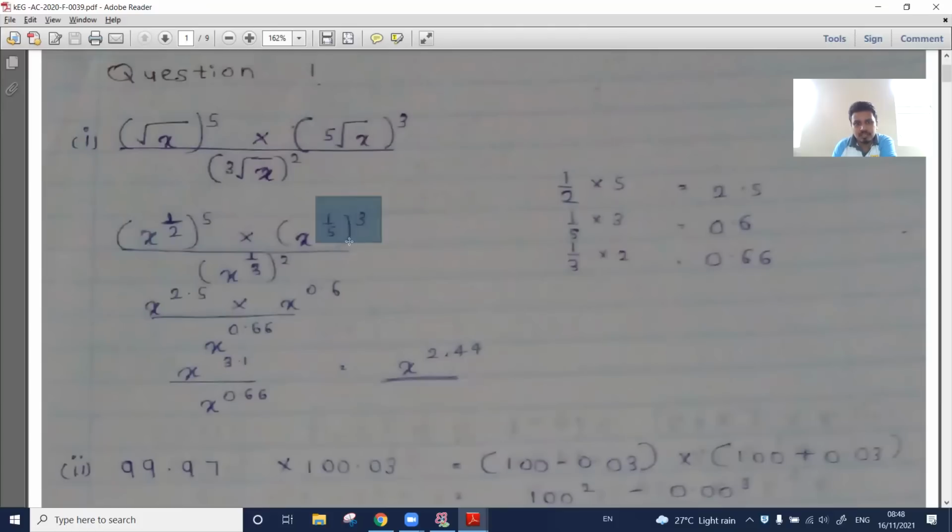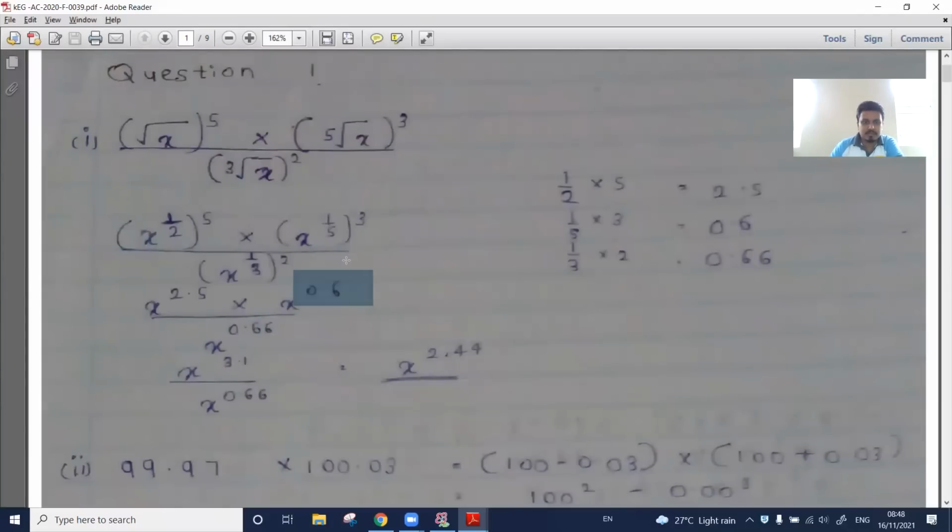What about this one? 3 into 1 over 5. What should be the answer? It means 3 divided by 5. It should be what? 0.6.